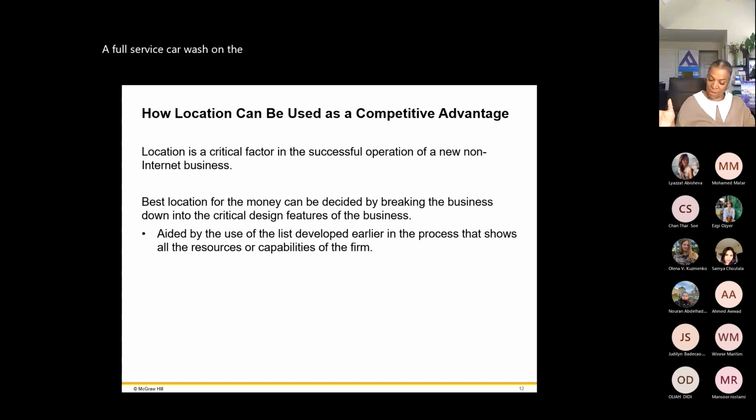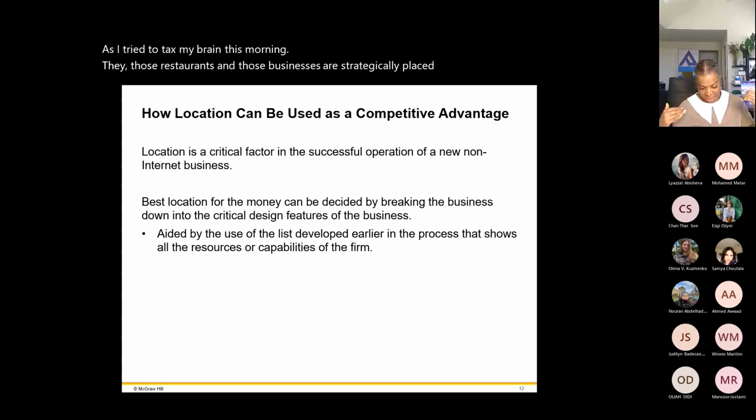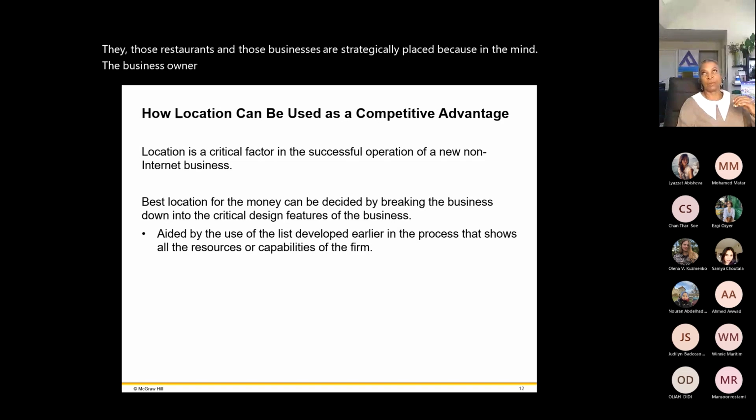So as I try to tax my brain this morning, those businesses are strategically placed because the business owner is looking for when they are going to get the most traffic.